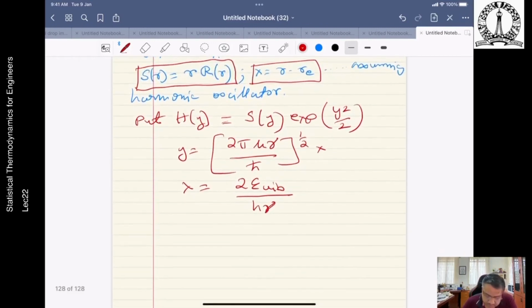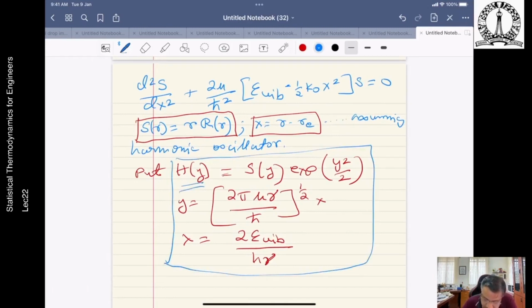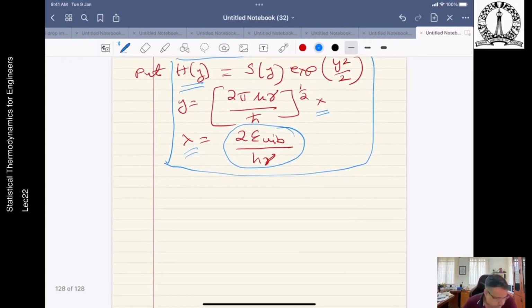If we put all these things in this expression, we have proposed three things: psi equals H(y) into exponential, y equal to 2 pi mu frequency divided by h bar, to the power half, into x, and lambda equal to this, so that's like a wavelength.